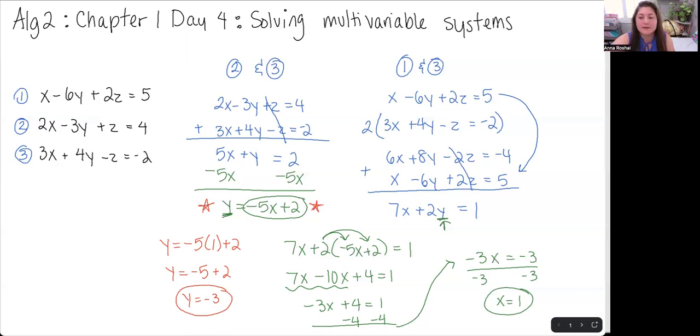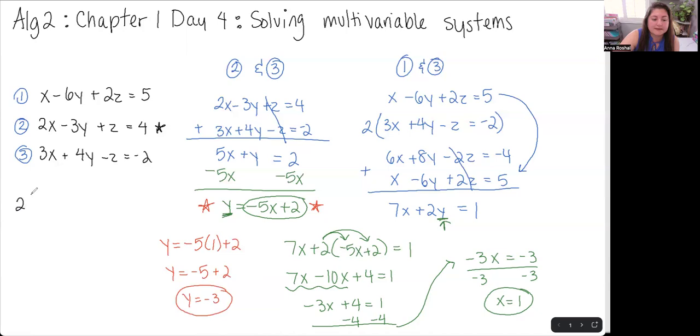I can go in and solve for my final z. So a couple of ways that I can do this. I can choose any of these equations, not a problem. My favorite equation for right now is probably going to be this one, because my z is positive.